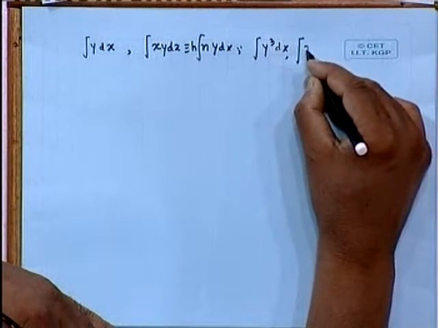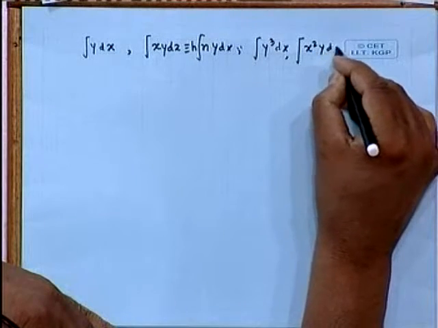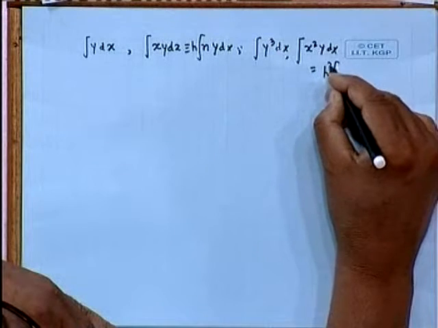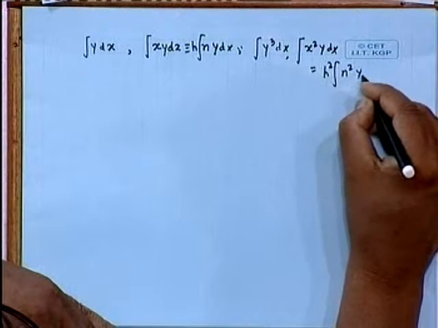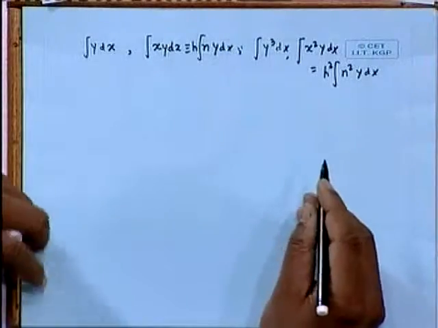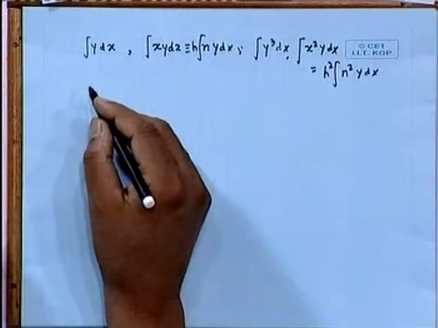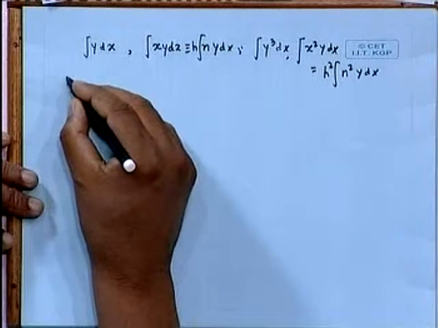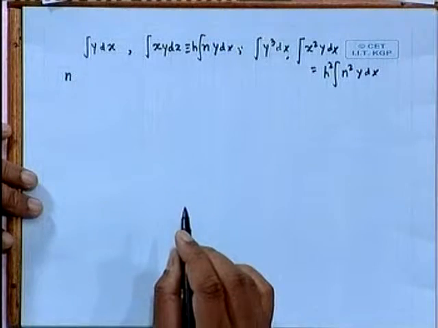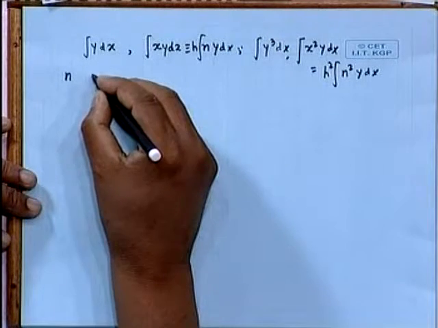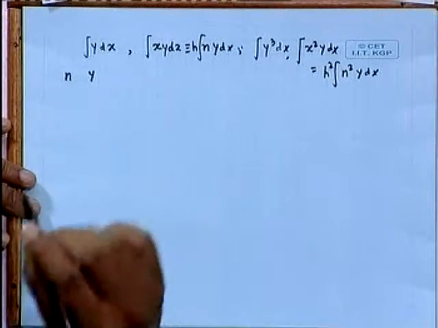Next one is x square y dx, equal to h square n square y dx. Okay, this is what we are doing. Now remember that these are the four quantities we have to do. As I said, I'm going to write a little small here, otherwise the piece does not fit. So I had here n, first column. Okay, then I am going to have here y.